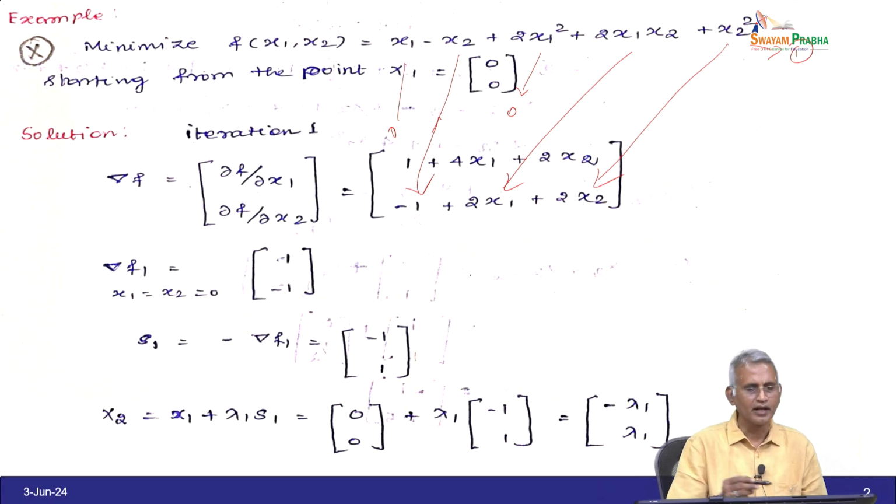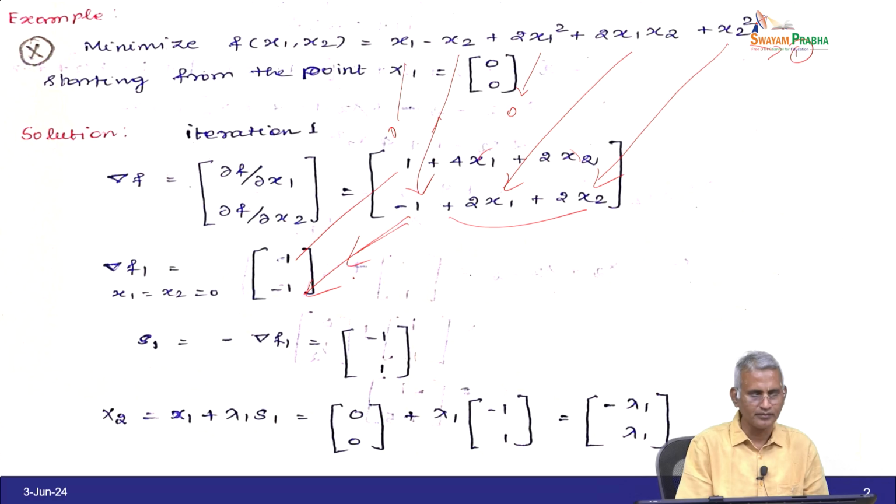I hope you can understand how to do partial differentiation with a multivariable function. And then del f1 is at x1 x2 equal to 0. Here put x1 equal to 0 and x2 equal to 0, therefore, these two become 0, only 1 will come. Here also these two become 0, then minus 1 will come.